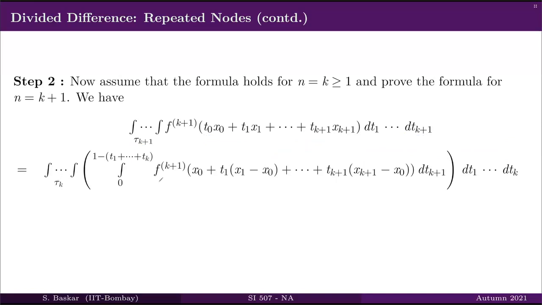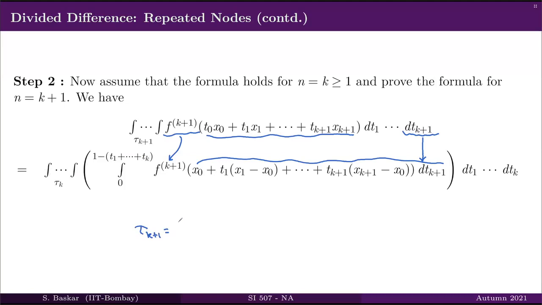I have taken f^(k+1) as it is, and this expression I have rewritten by putting t0 equal to 1 minus (t1 plus t2 up to tk plus 1). Now this tk plus 1 alone I took, integrating over 0 to 1 minus (t1 plus t2 up to tk). How am I getting this? Because that is how the set tau k plus 1 is defined.